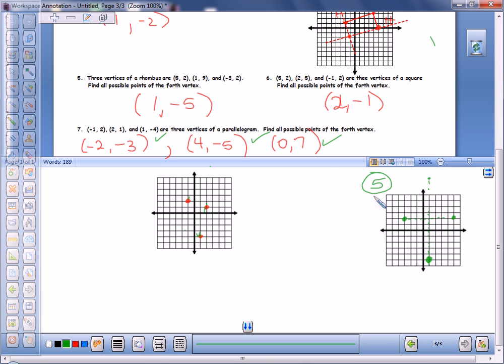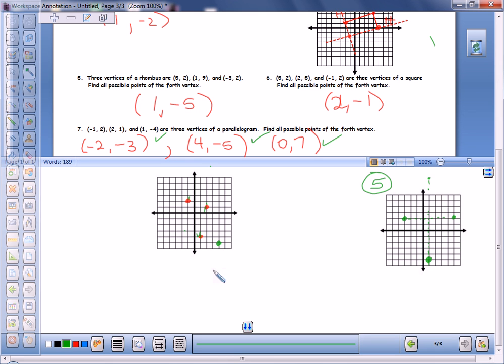All right. So number 7, I've got the 3 points that you're given on here. Okay, this is how I would do it. So from this point to this point, I go down 1 and right 1, 2, 3. Does that make a parallelogram?